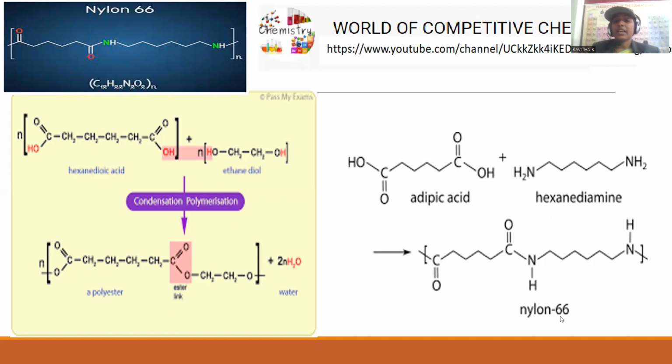Hence, nylon 66 is a polyamide, because such amide groups will be repeated several times, being a polymeric moiety. So here the polymer formed will be a polyamide, and one terminal is composed with a repetition of a C double bond O group, and the other terminal is composed of an NH group. These will be extended several times, depending upon the degree of polymerization involved here.